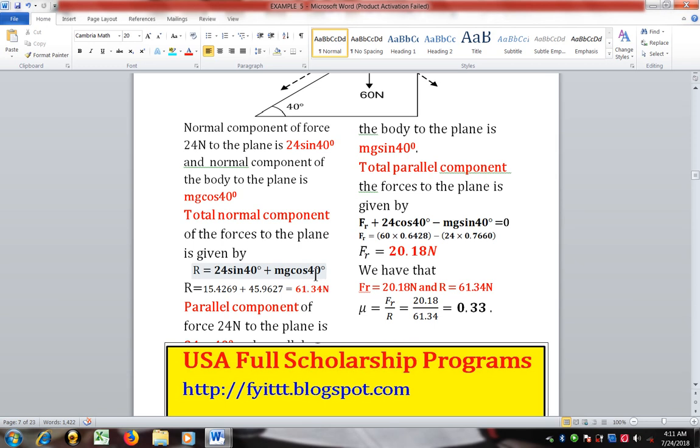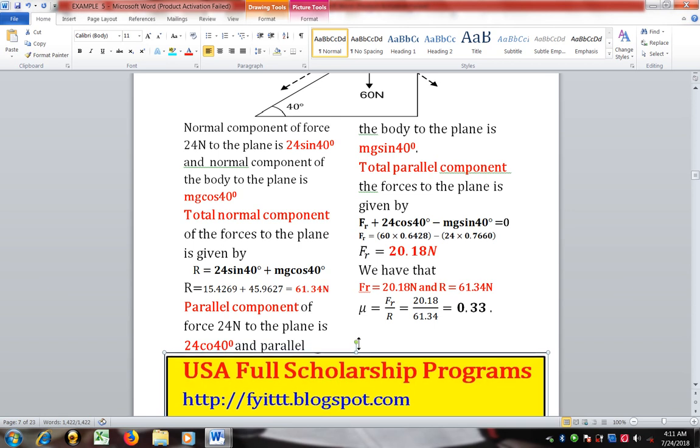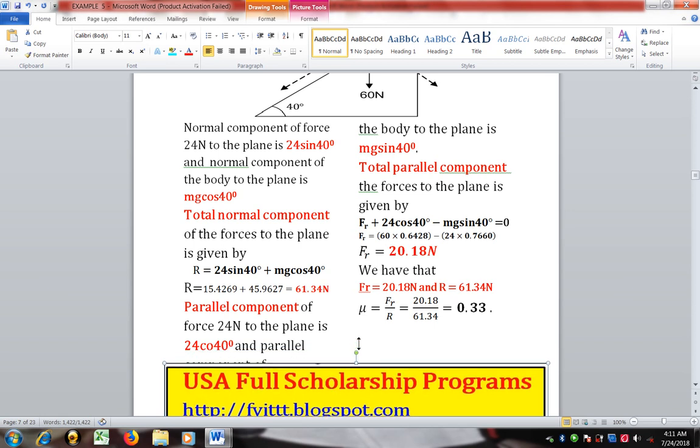That's mg cos 40 degrees plus 24 sin 40 degrees. So when we sum up, we have 61.34 Newton. That is the total normal component of the forces. The next thing is to find the total parallel components of the forces.